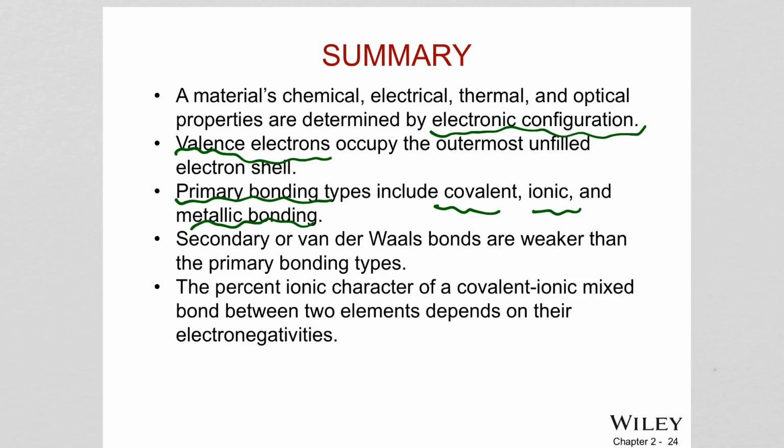And in between the molecules we also have secondary bonds, van der Waals forces or hydrogen bonds, which are weaker. And we can calculate the percent ionic character if there is a mixed bond between two elements based on their electronegativities. These are the things we have learned in this chapter.